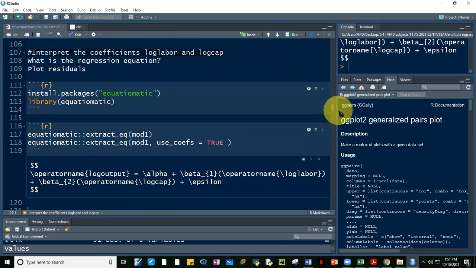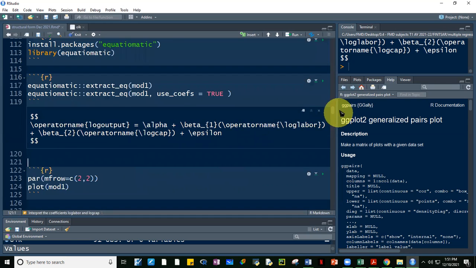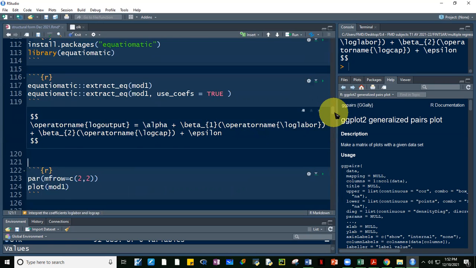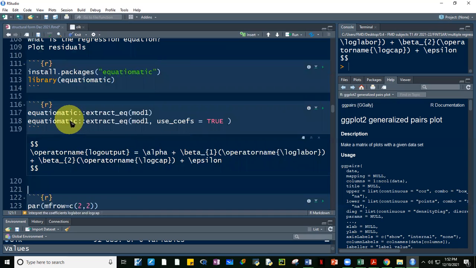Kasi lalabas, hindi na natin isusulat yung equation. So dapat ito, tingnan nyo, log output is equal to alpha plus beta sub 1 times log labor plus beta 2 times log cap plus the error term epsilon. Okay, pero sige, i-ano na muna natin yan. But you can have this.